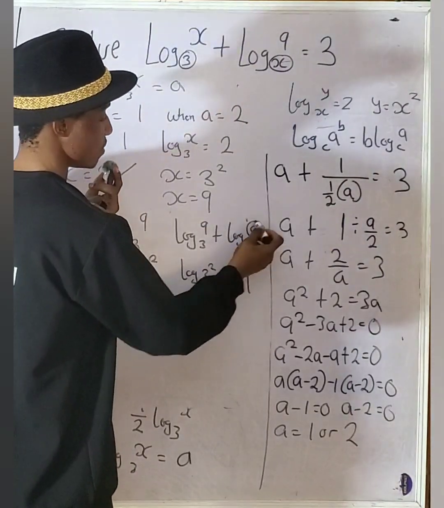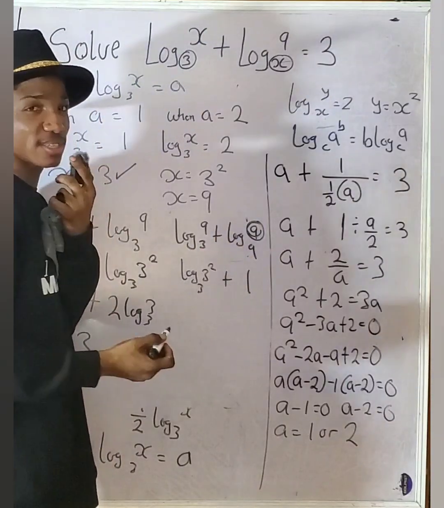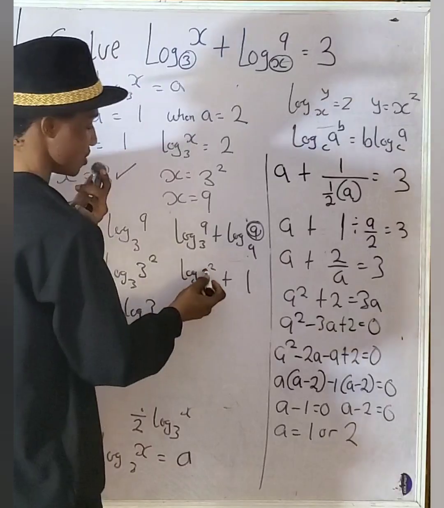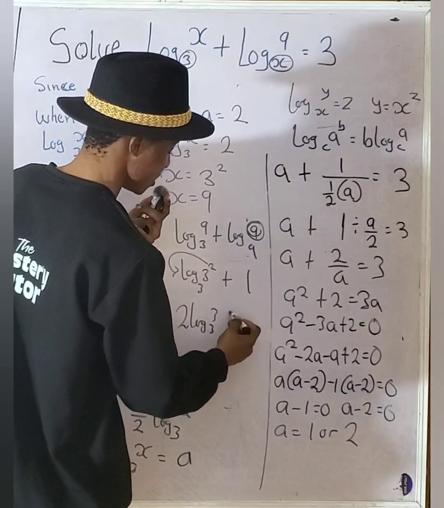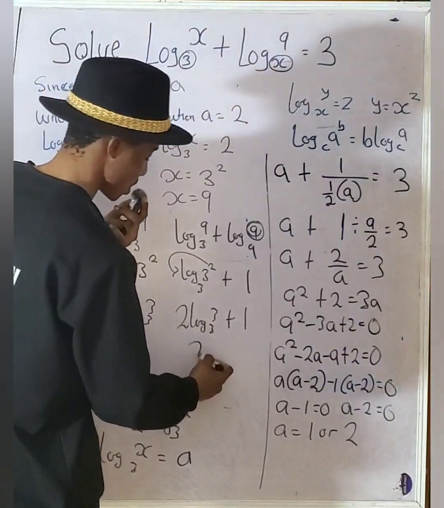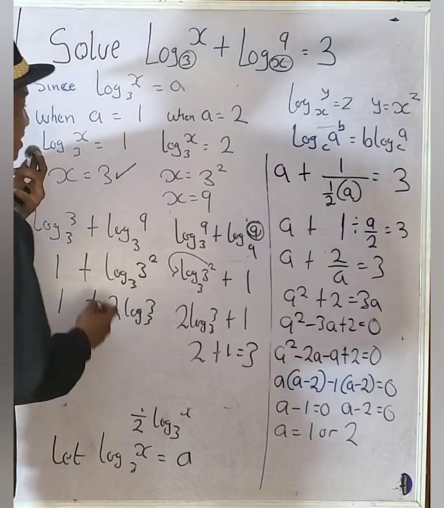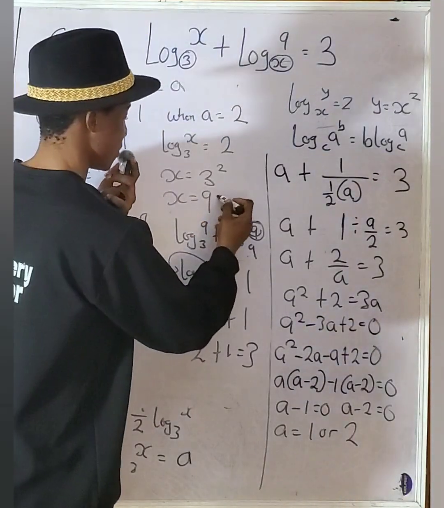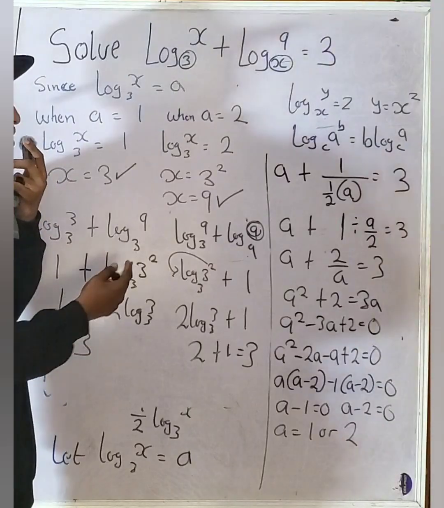When the number we're taking the logarithm of is the same as the base, the result is 1. Now this one, I'm going to have 2 log 3 base 3 plus 1. Log 3 base 3 is 1. 2 times 1 is 2, so I'm going to have 2 plus 1, which is what? 3. You can see that both the value of x as 3 and the value of x as 9 satisfy the equation. Hence, our solution is 3 and 9.